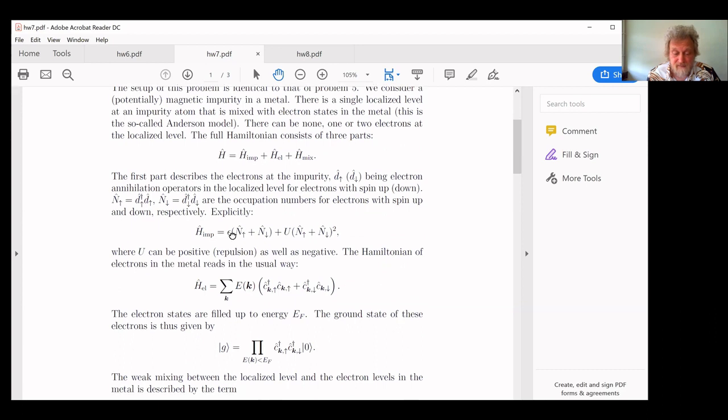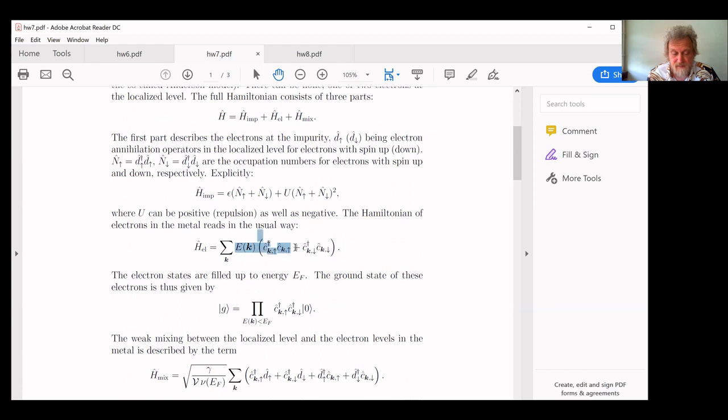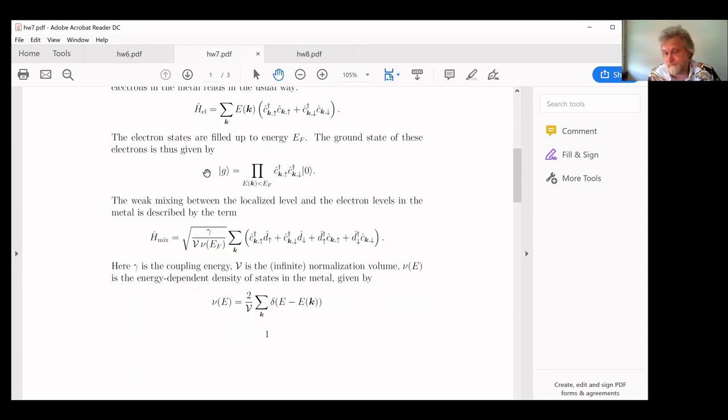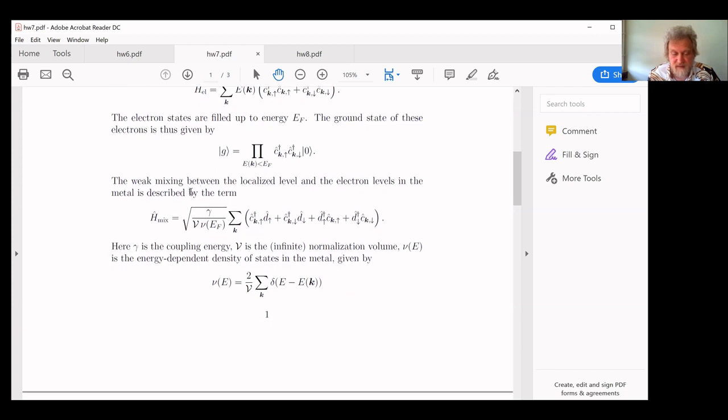There's impurity, and this is characterized by level energy and also interaction energy. Right, the Hamiltonian for electrons in the metal, it's all fine. The ground state of non-interacting Fermi gas, all electrons are filled up to energy, which is Fermi energy.